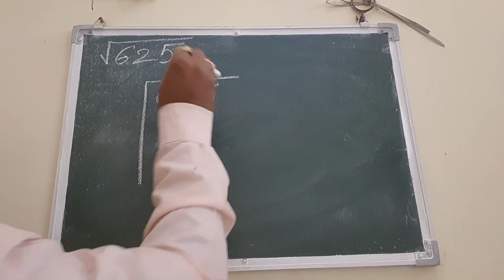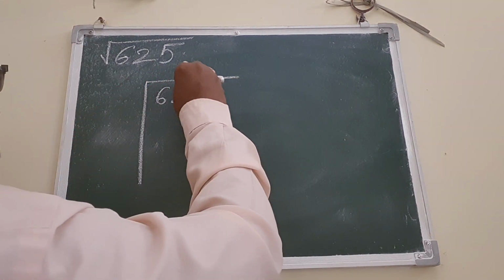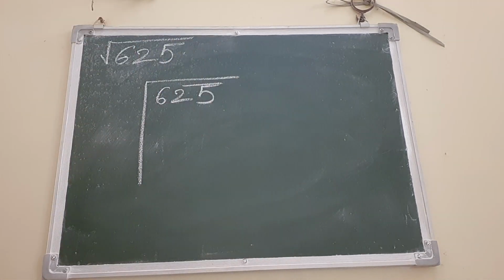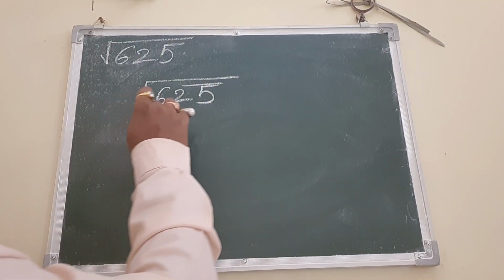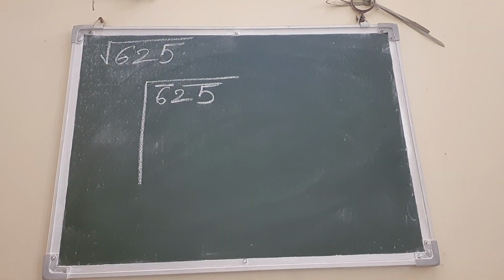We will make pairs, proceeding from the left side to the right side, making pairs of 2. If a single digit is left, then that will be a single group of 1 digit at the end. So here is a group of 2, then a single digit remains, so it becomes a group of a single digit.